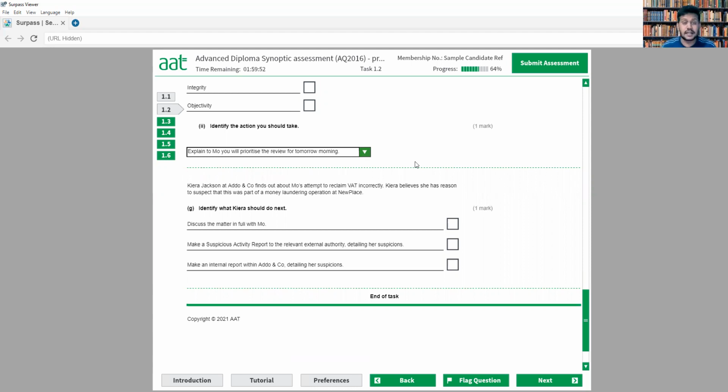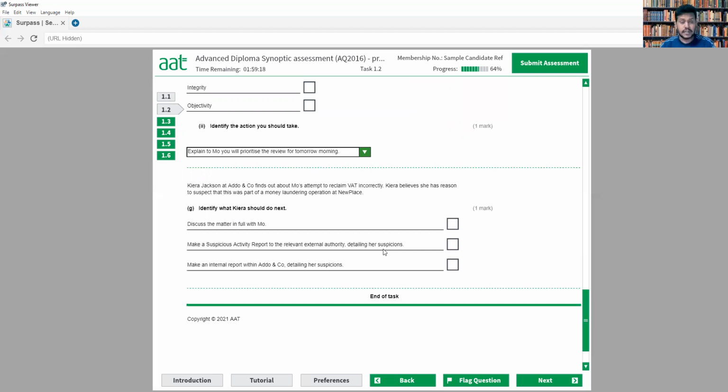The next question: Kyra Jackson at Adu & Co finds out about another attempt to reclaim VAT incorrectly. Kyra believes she has reason to suspect that this was part of a money laundering operation at New Place. Identify what Kyra should do next. Discuss the matter in full with Mo. Make a suspicious activity report to the relevant external authority detailing her suspicion.